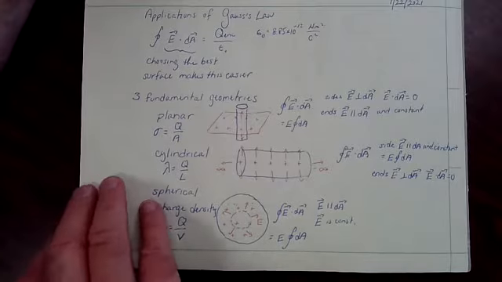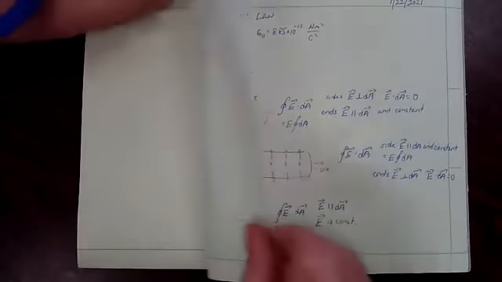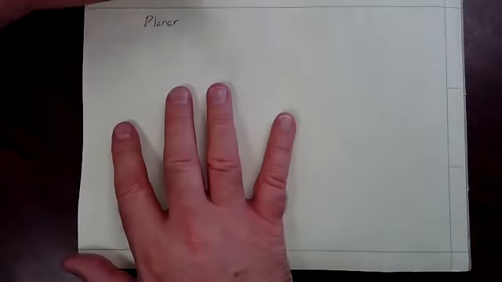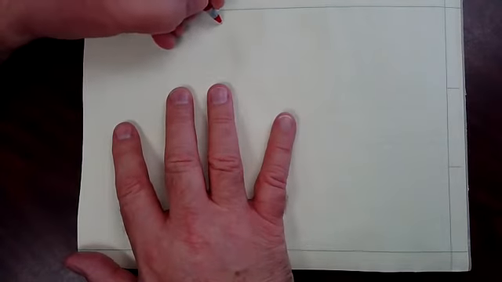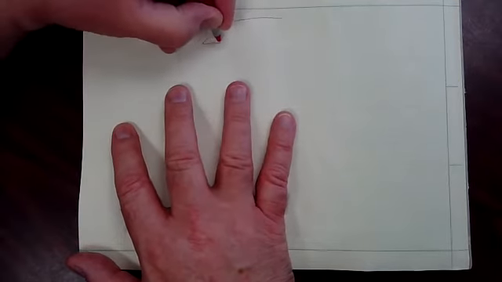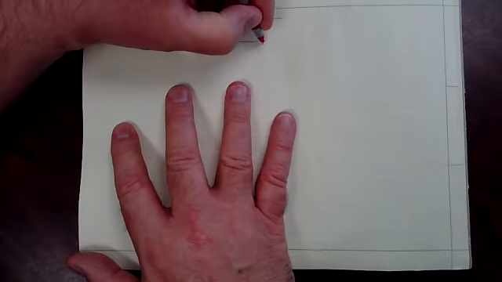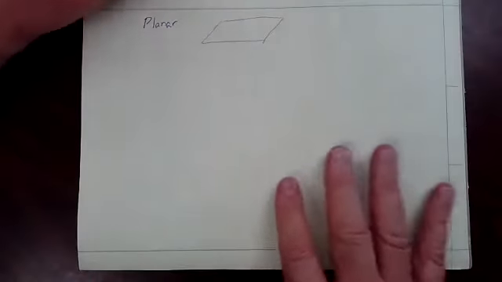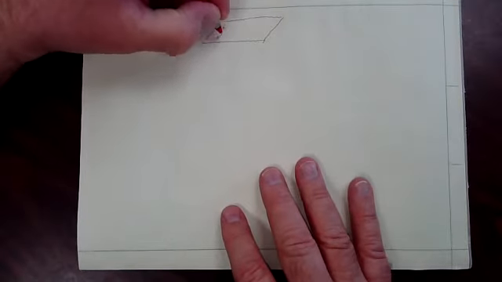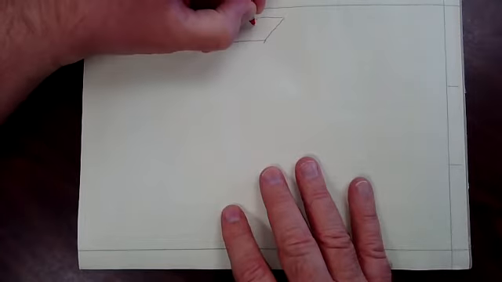Okay, here we go. Let's do the planar one in more detail. Once again, we have a big sheet of charge that goes off to infinity. In electronics, this application is really significant, and I guess it's my job to show you why.